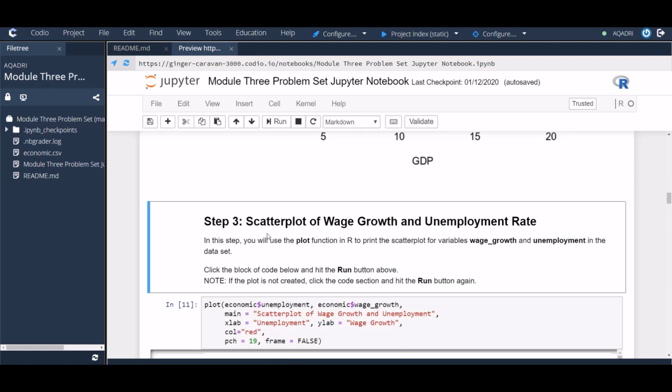In step 3, we have to create a scatter plot of wage growth and unemployment rate. So as the unemployment rate increases, we would expect that wage growth will decrease.